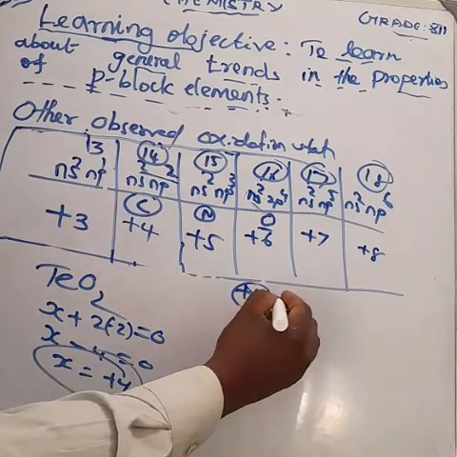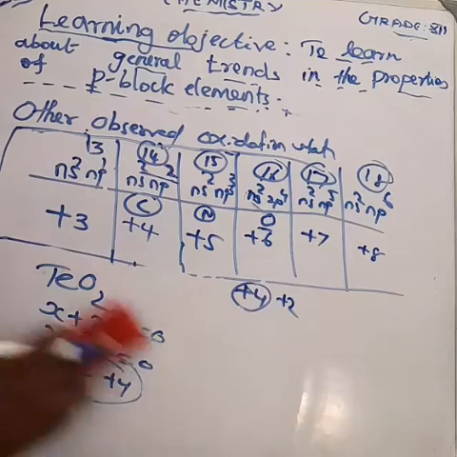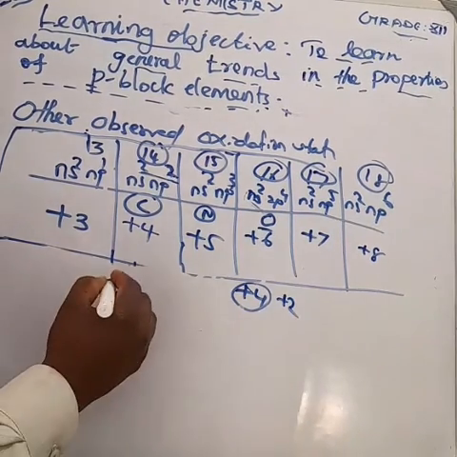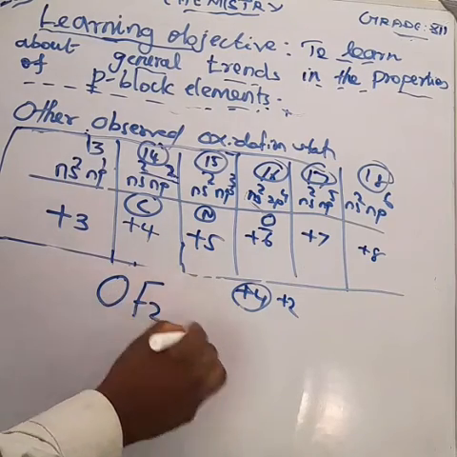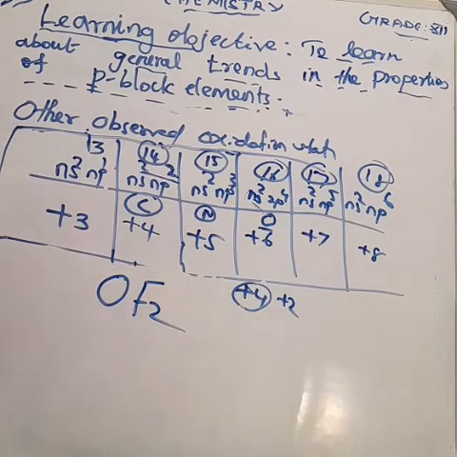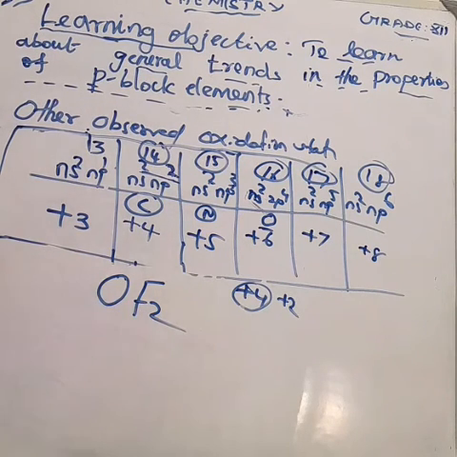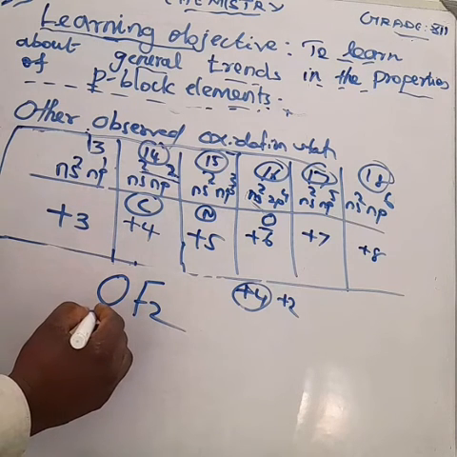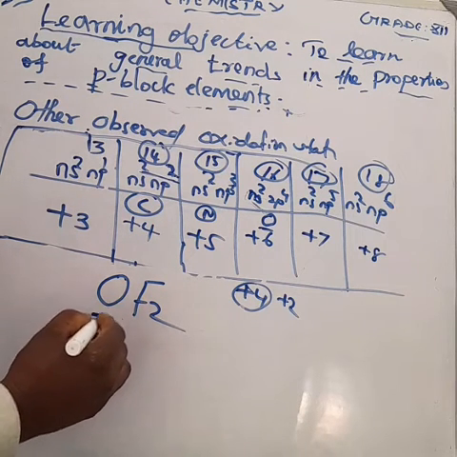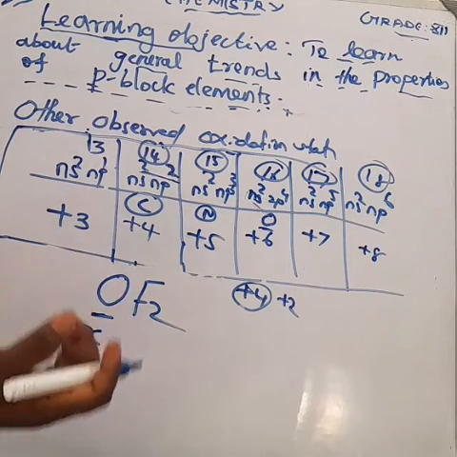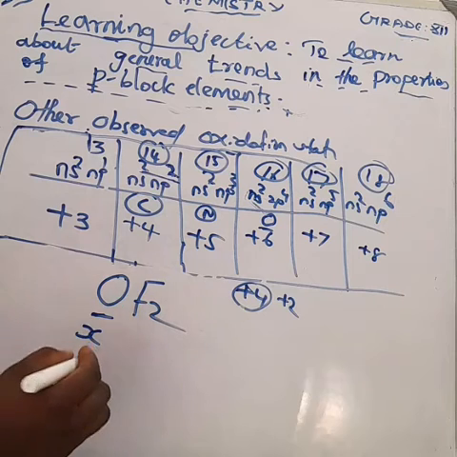What's the next one? Plus 2. Okay, plus 2 we can take as OF2, because it is in the oxygen family. OF2, oxygen difluoride. What's the name of the compound? Oxygen difluoride. So here we have to find out oxygen, which we take as X. Previously I told that halogens have which charge?